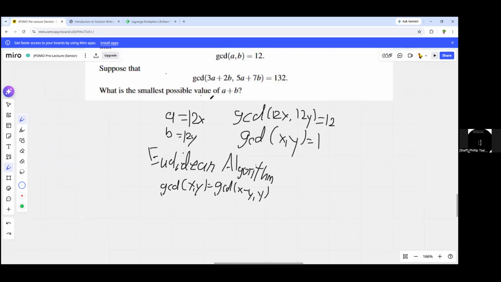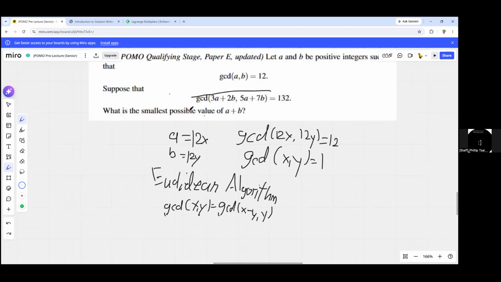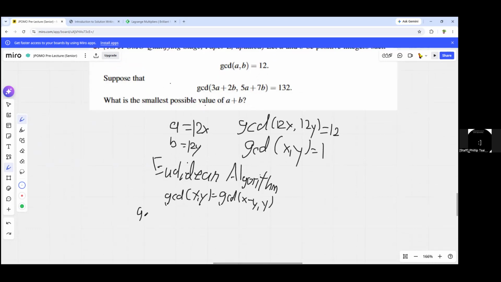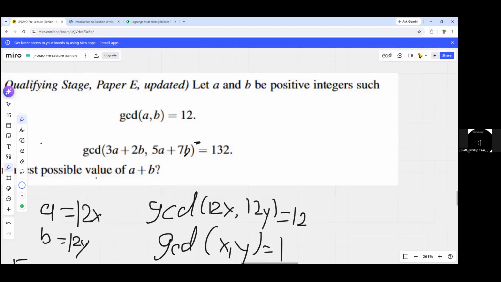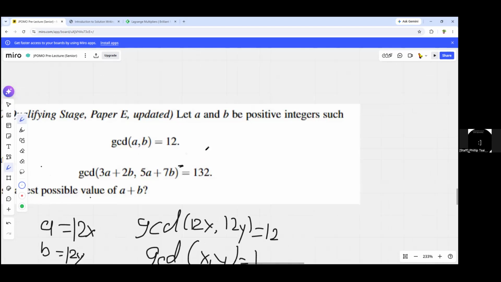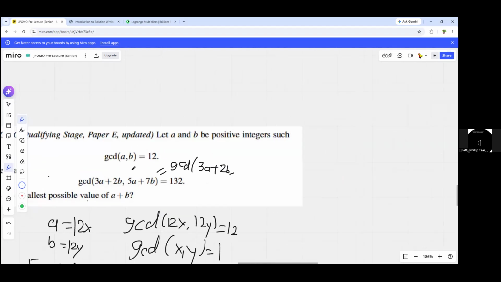So for example here, suppose that the greatest common divisor of 3a plus 2b and 5a plus 7b is equal to 132, right? Well, this is equivalent to the greatest common divisor of 3a plus 2b and, subtracting 3a plus 2b from 5a plus 7b, 2a plus 5b, right?